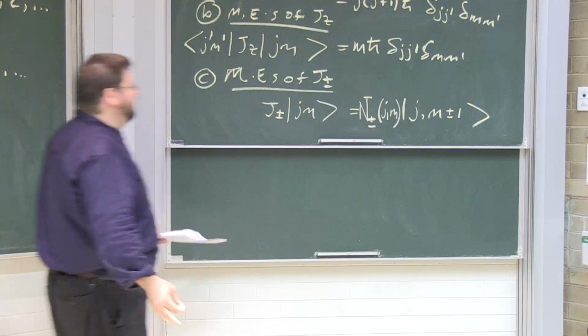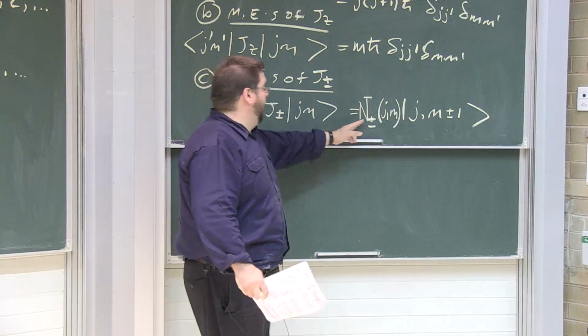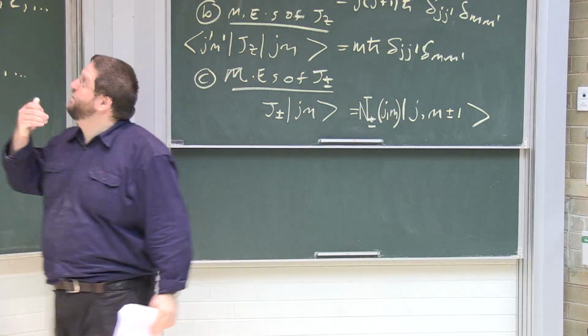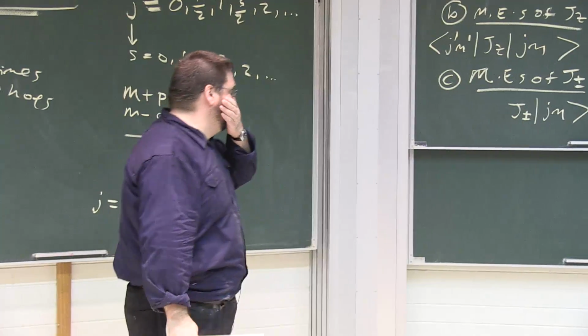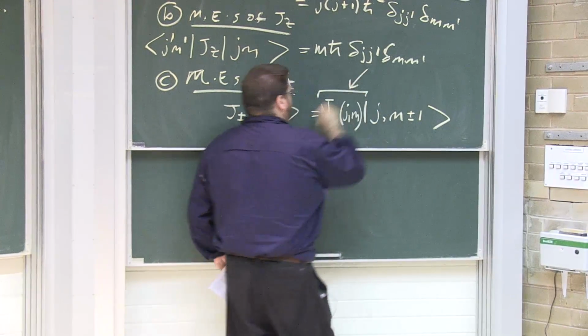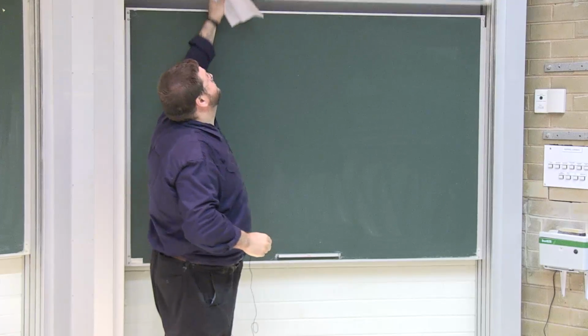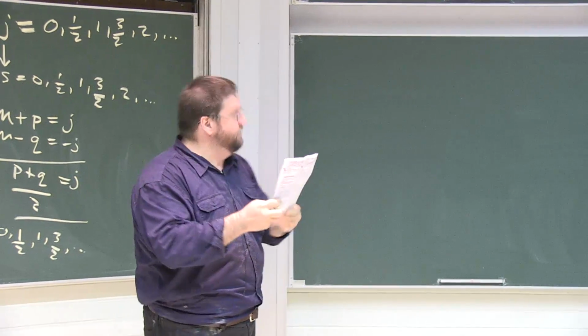Whether it depends on plus or minus, on j, on m is to be determined. The point is that there's a normalisation factor, some constant of proportionality, which I alluded to earlier. So our first step is to calculate this thing. So let's calculate this normalisation factor.